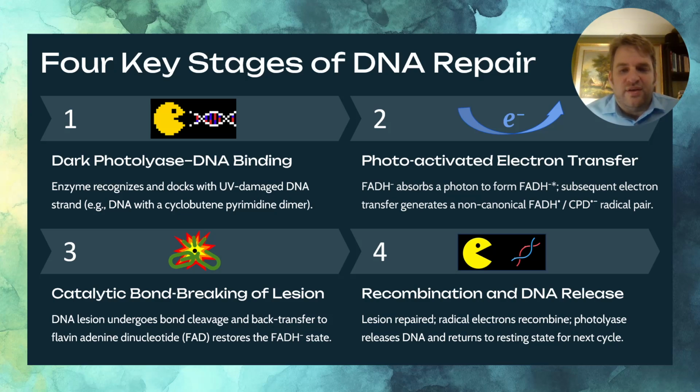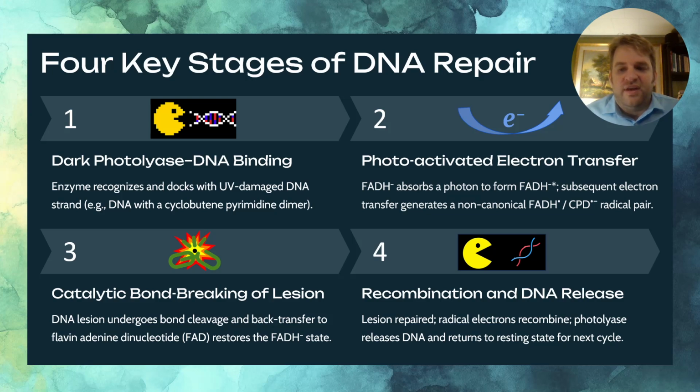Next, having located the damaged position, there's photoactivated electron transfer. The flavin cofactor, that's a fully reduced FADH minus molecule, absorbs a photon to form an excited state. I've written here as FADH minus with a little star, it indicates it's excited.